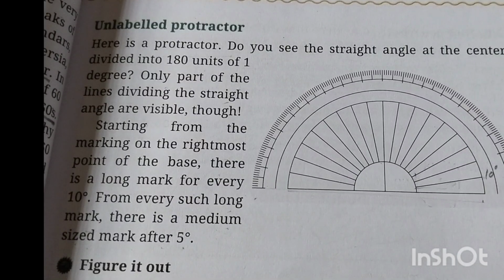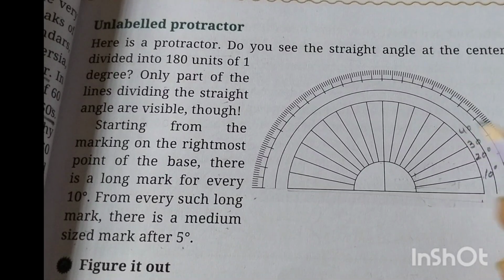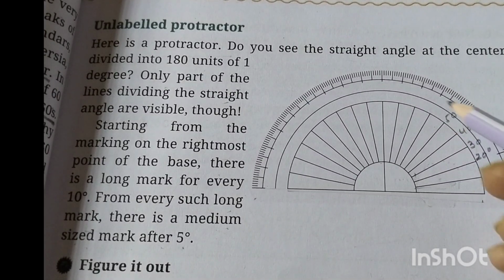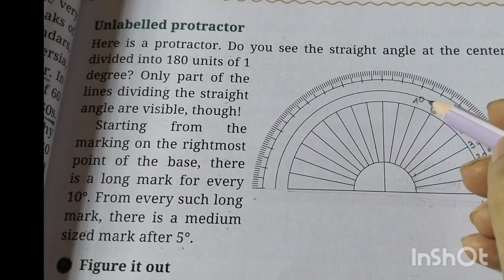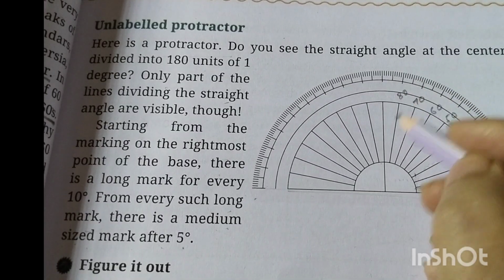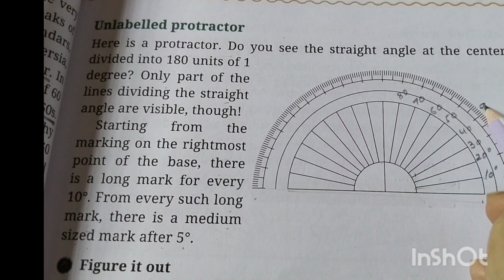Again here 15, and this is for 10 again, 20 degrees, 30, 40, 50, 60, 70, 80. These are all less than 90, so all are acute angles, right?